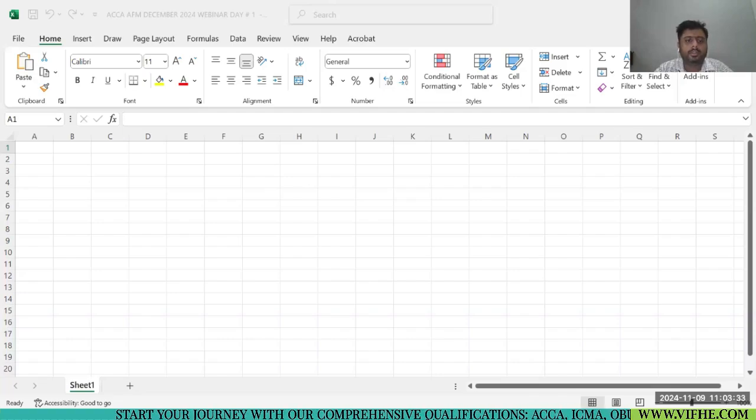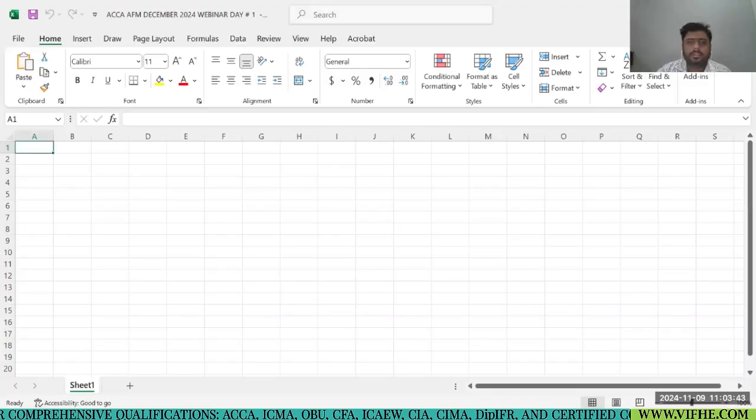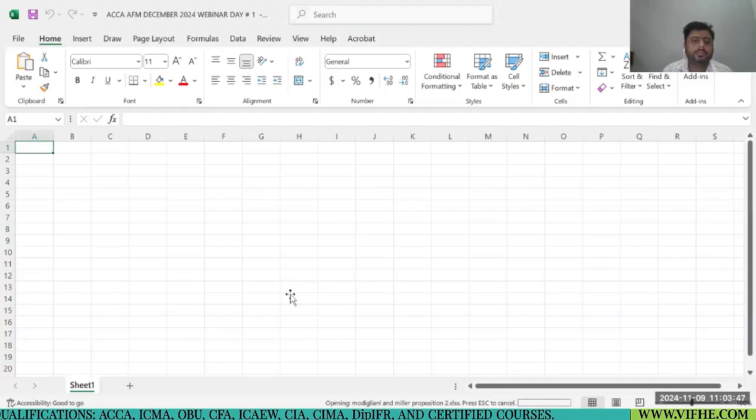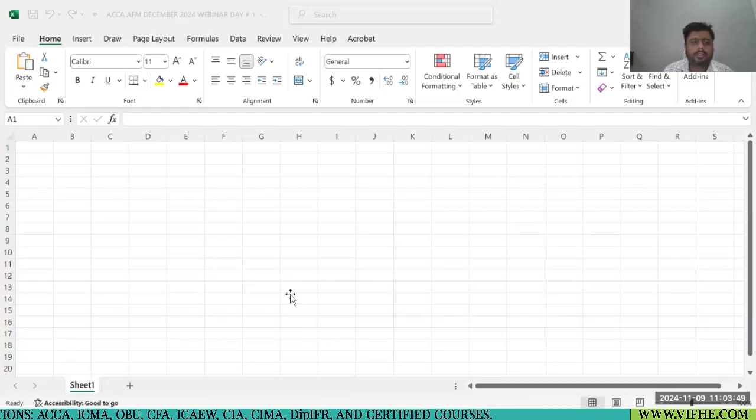One thing that I want to discuss today is how we will use the Modigliani and Miller proposition number 2. This is the first thing that I want to discuss with all of you, and it is about Modigliani and Miller's model.